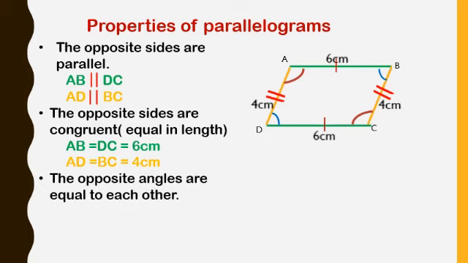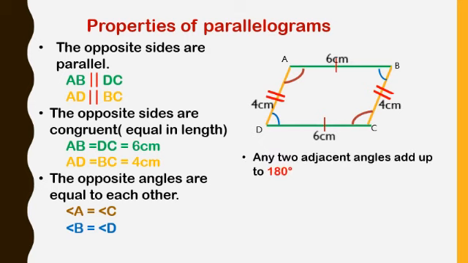And next property is the opposite angles are equal to each other. Here opposite angles are angle A, angle C, angle B and angle D. So we can write angle A equal to angle C, angle B equal to angle D. The last property: any two adjacent angles add up to 180 degrees.